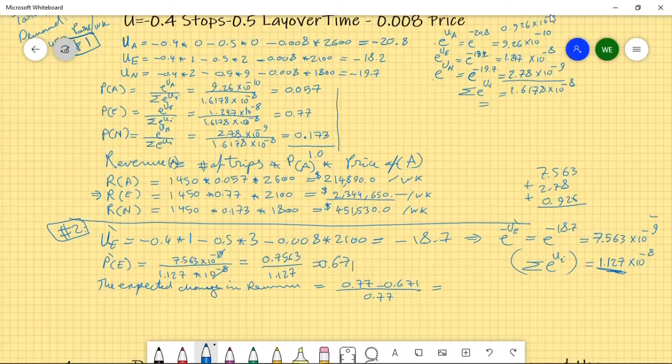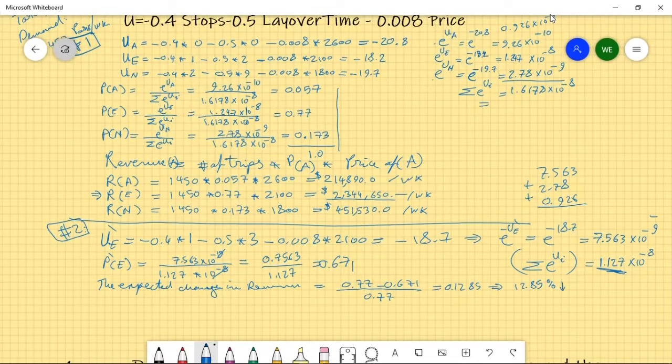Oh, so that's basically 0.1285, which is basically a 12.85% reduction.